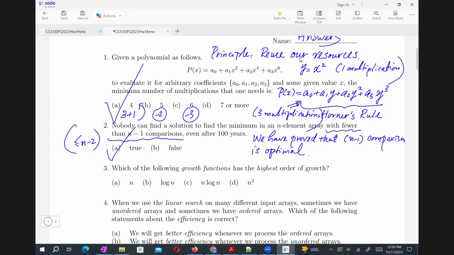That means nobody can do better than that. So you need to base your answer on that knowledge.